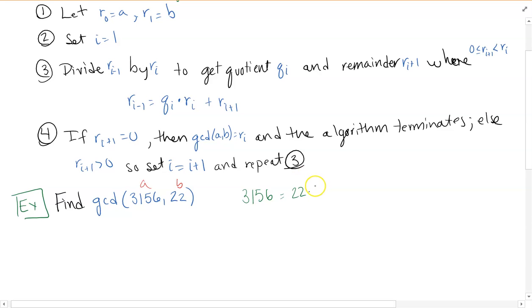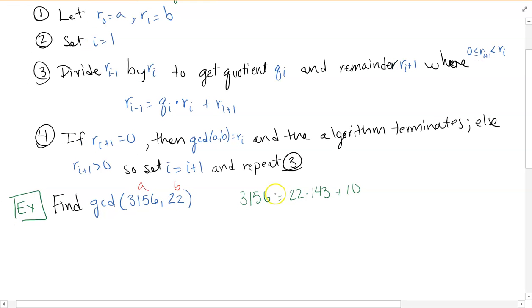I get the whole part is 143, and then I do 143 times 22, subtract that from 3156, and I get a remainder of 10. Step 4 says if the remainder is 0, you're done, but as our remainder is positive, we have to go through this process again.